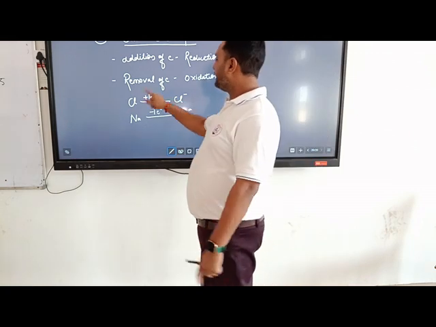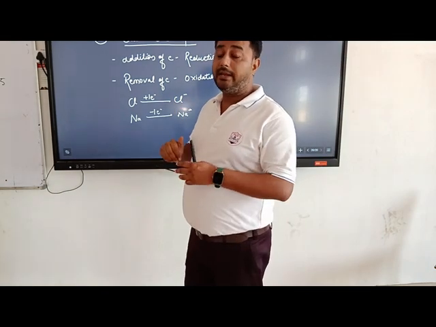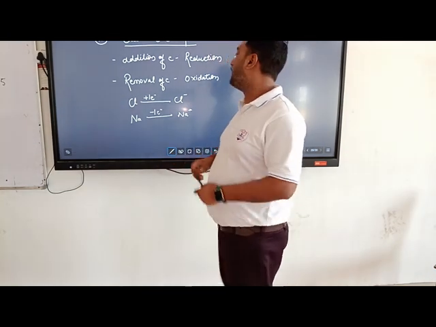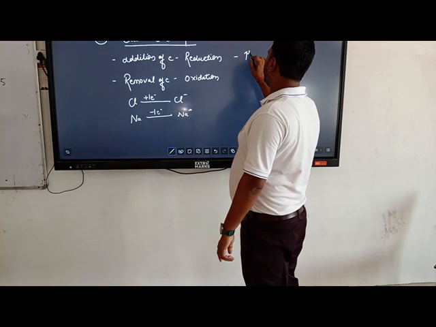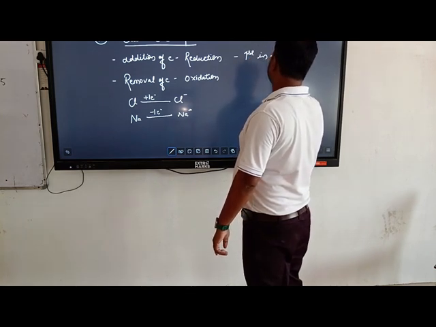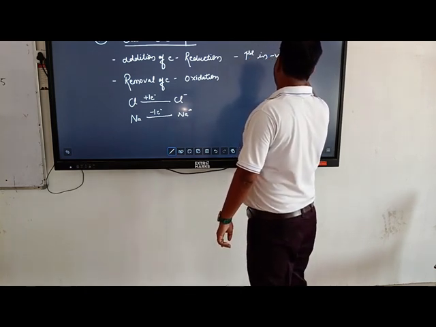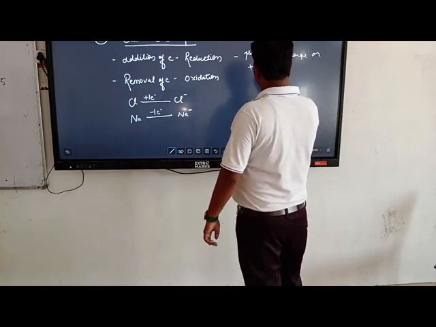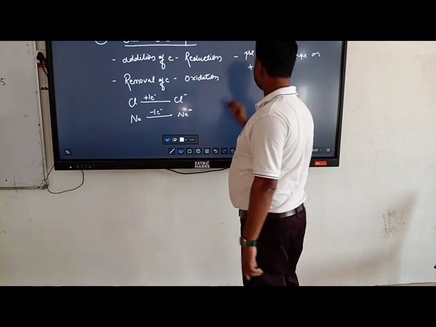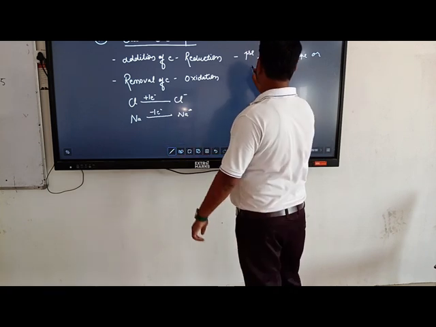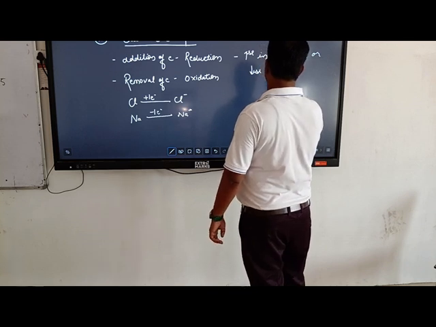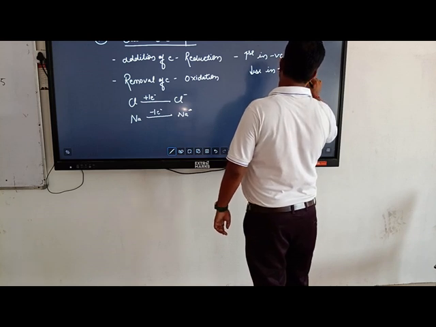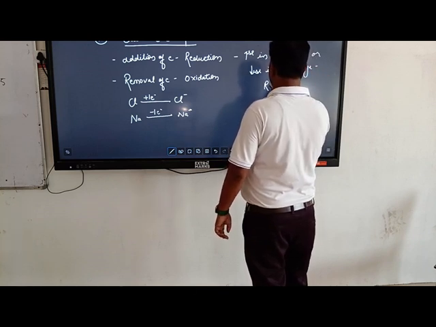So when electron is added, there will be increase in negative charge or decrease in positive charge. It means the ultimate concept is: increase in negative charge or decrease in positive charge is reduction.